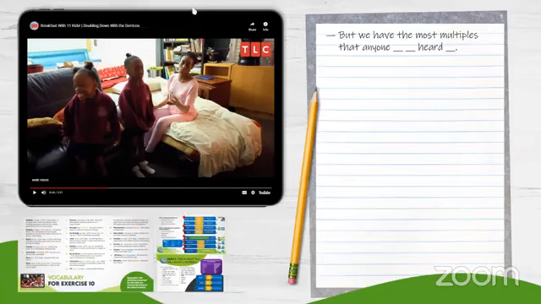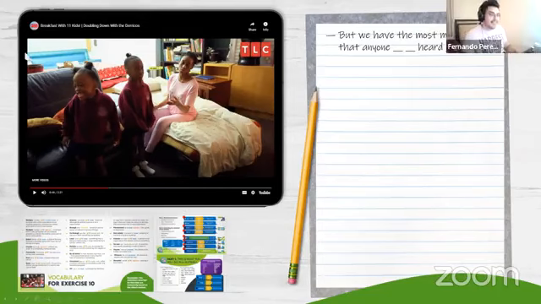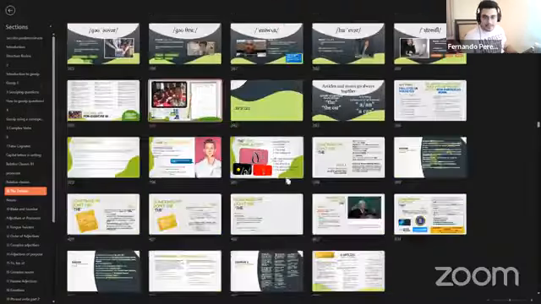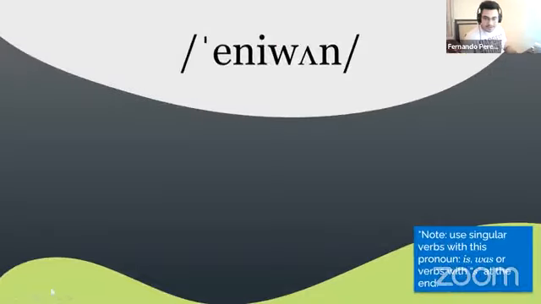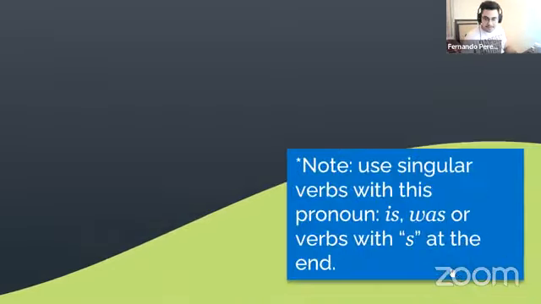Anyone has. Good, because we saw in the vocabulary that for the word anyone there's a note: use singular verbs with the pronoun, is, was, or verbs with s. So we cannot say anyone have, you need to say anyone has.